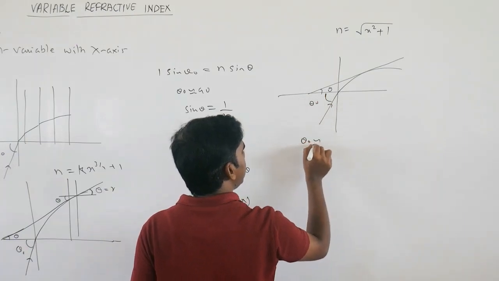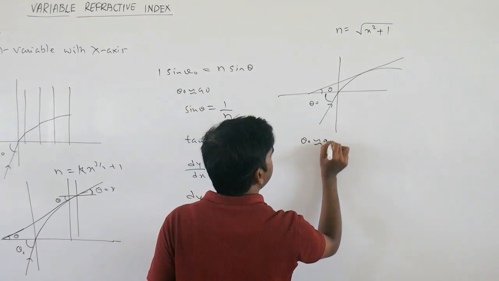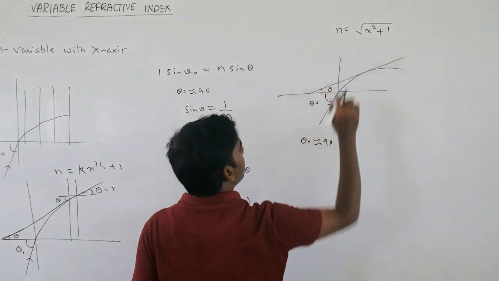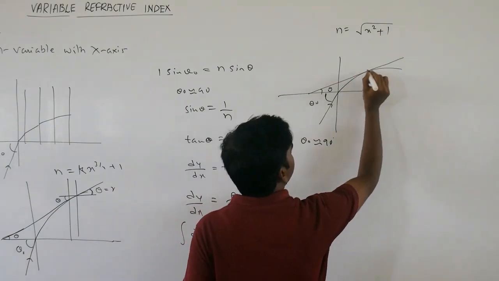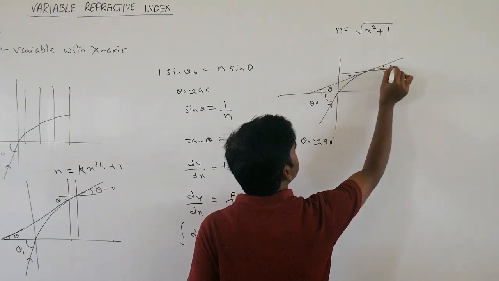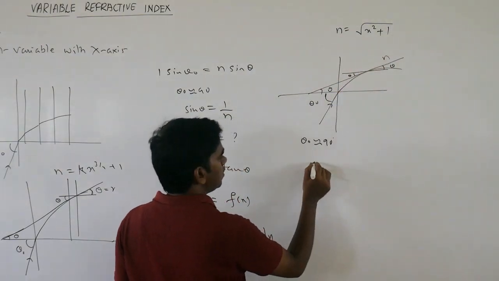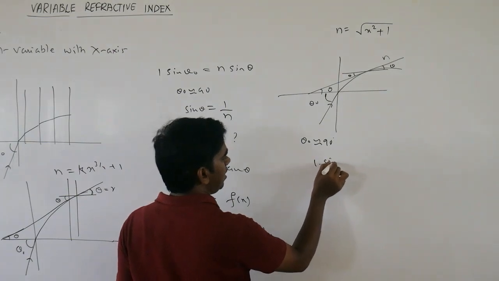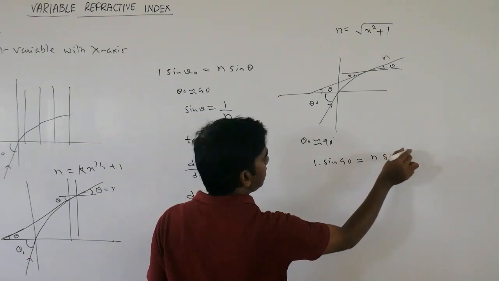Theta naught is nearly equal to 90 degrees. Since n is given as root of x square plus 1, here you can apply Snell's law. This is going to be theta, and this is going to be theta. So what you can write here, the effective index you can take as n, so 1 sin 90 equals n sin theta.